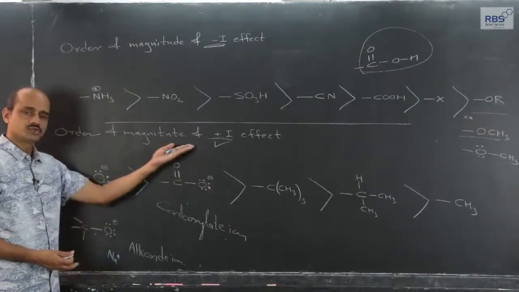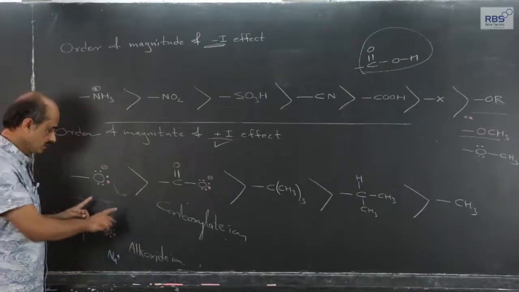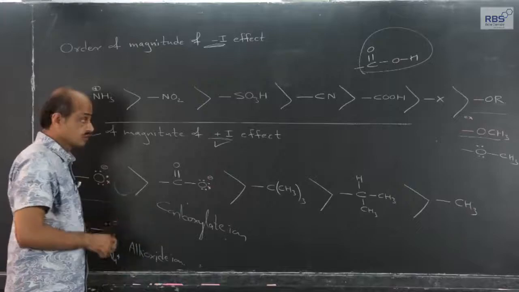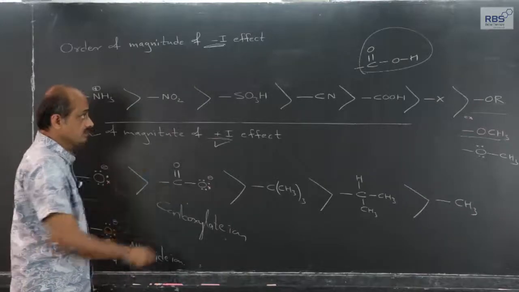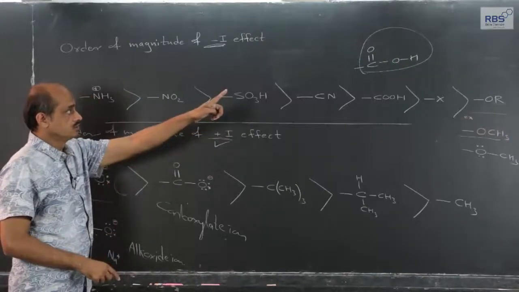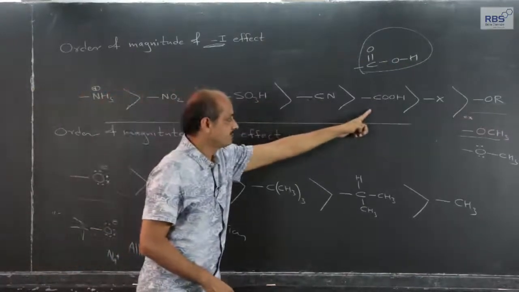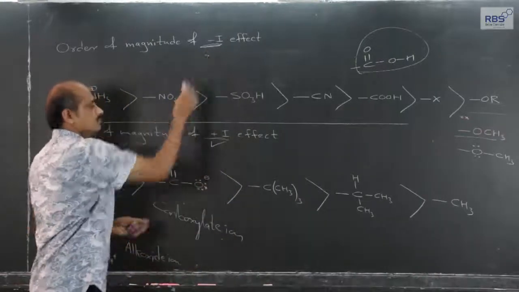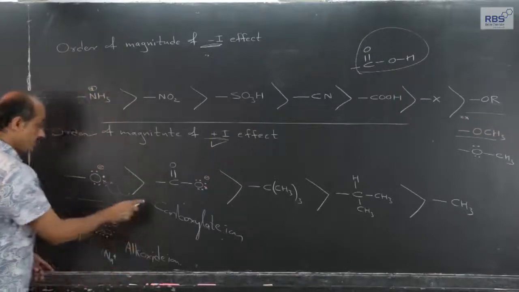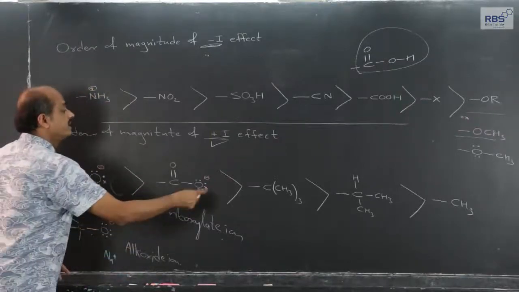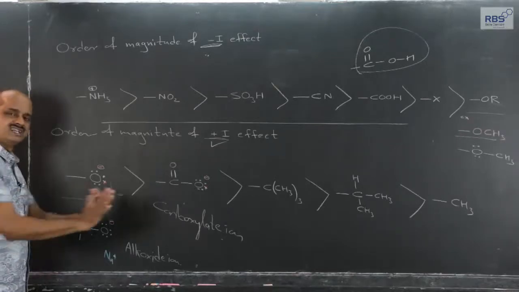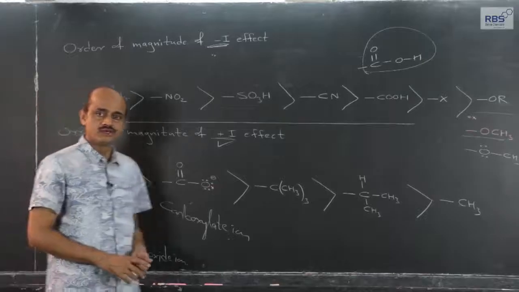They show positive inductive effect, and this should be compared with the alkoxy or carboxylic group, or it can be ester. Those alkoxy and carboxylic acid groups show an electron pulling effect, minus I effect, negative inductive effect, but when they are in the form of a negative ion, then they show an electron releasing effect, positive inductive effect.